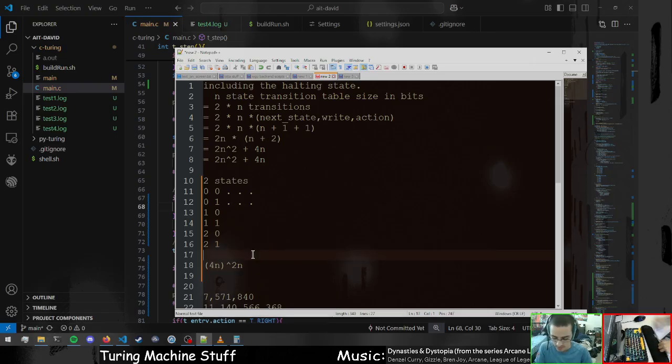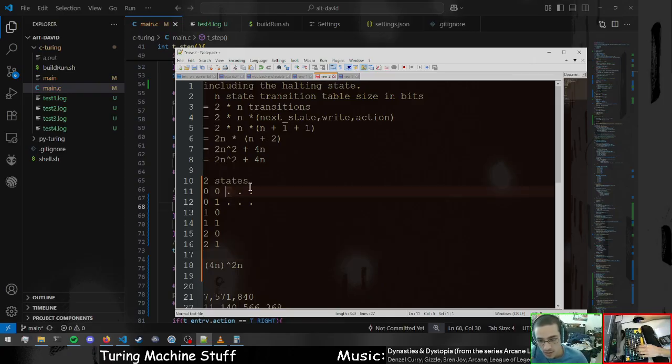I don't know. Let's just plug that into the calculator. So let me plug in 4x to the power of 2x, and I think it's not working. For 3, I got a different thing. I think it's supposed to be something else.